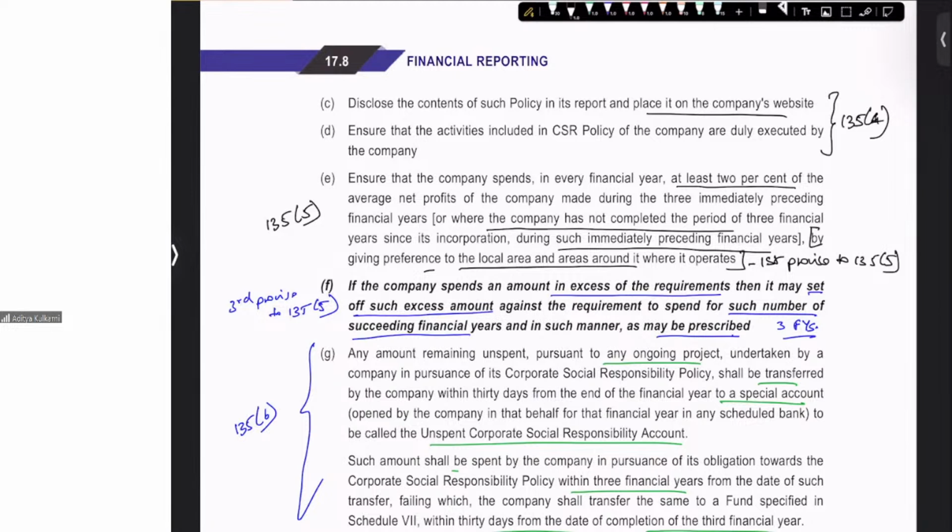FR is not a scary paper, the way some people make it out. It is one of the most scoring papers, one where I'm sure all of you are very comfortable. It may be lengthy, but it is not a scary paper. So practice your paper writing.